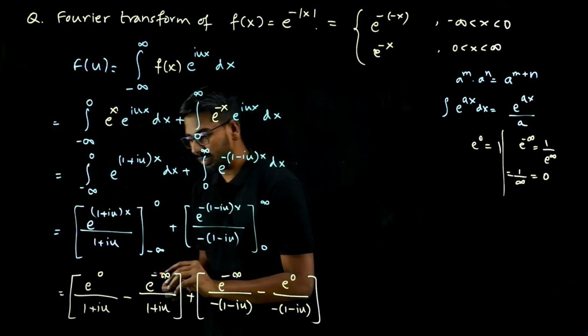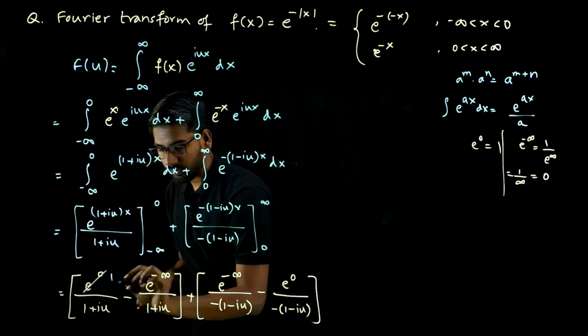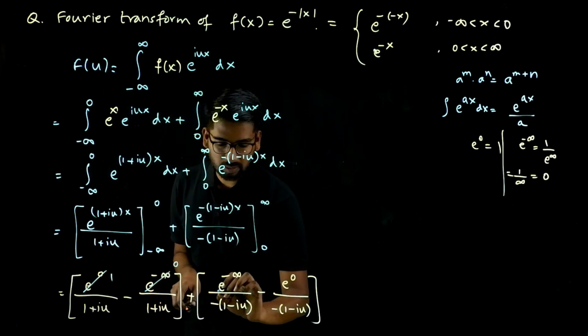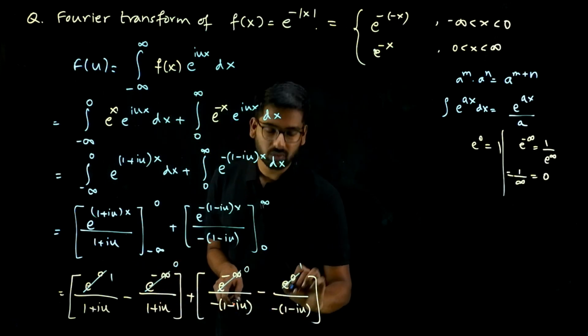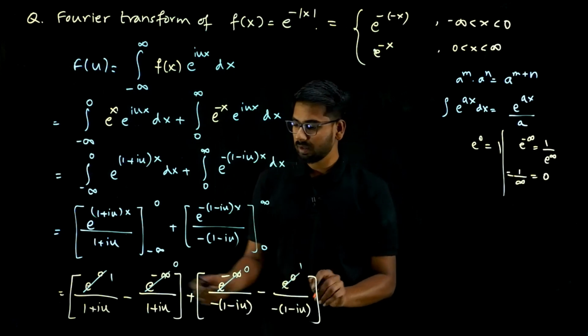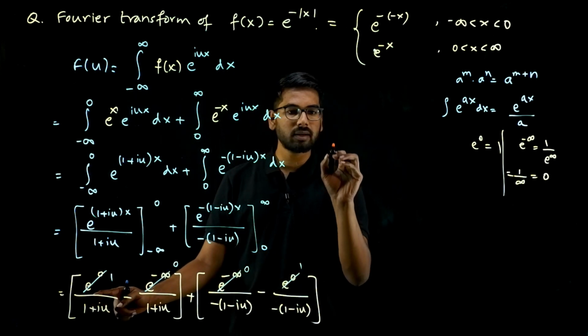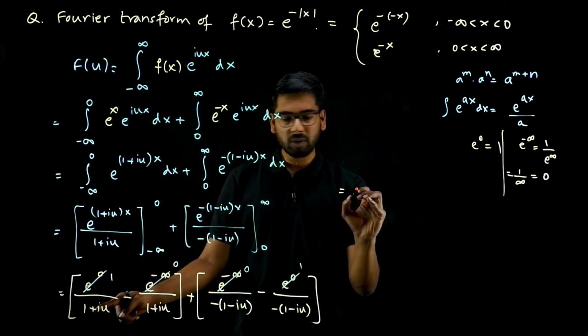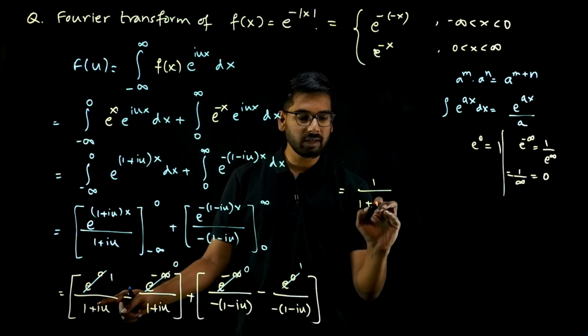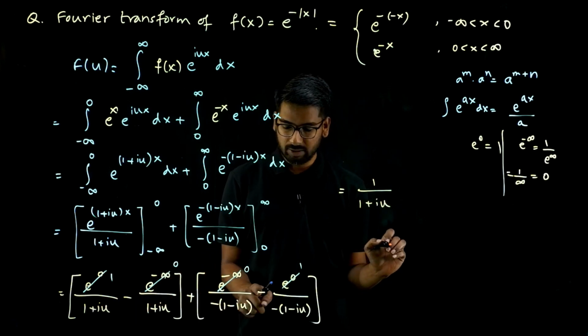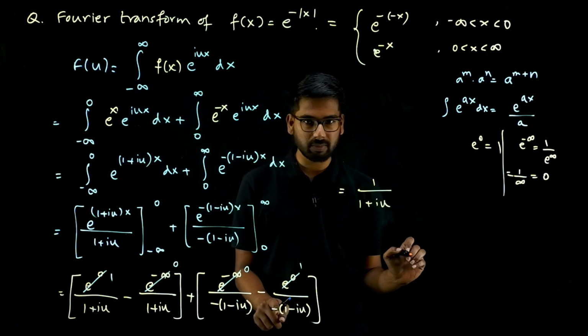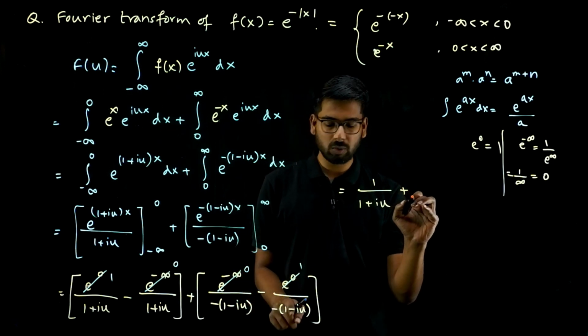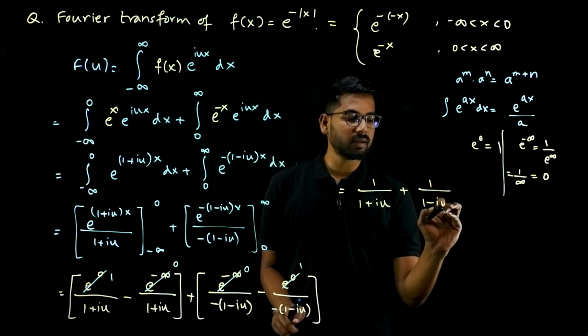If I substitute them here, e power 0 is 1, e power minus infinity is 0, e power minus infinity is 0, e power 0 is 1. So only these two terms remain: 1 over 1 plus iu, plus, minus into minus, 1 over 1 minus iu.